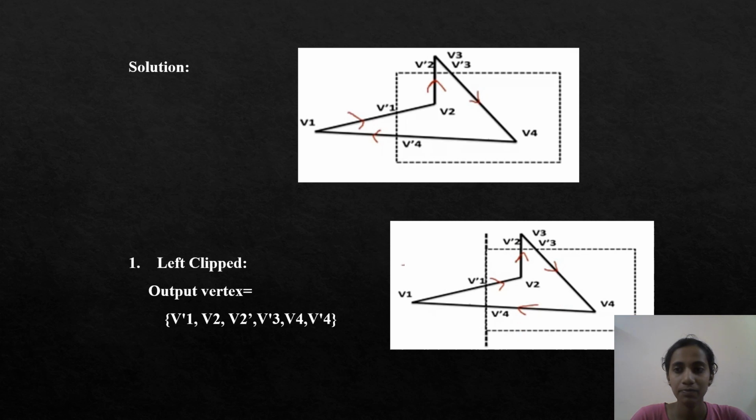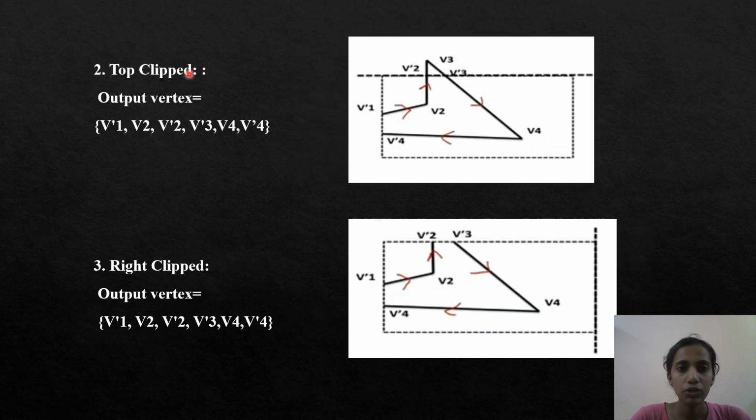V4 dash. Then coming to the top clip, we remove the first, the left clip, and we come to the top clip now. The starting vertex will be V1 dash and the ending vertex is V2, for that we have to consider V1 dash.